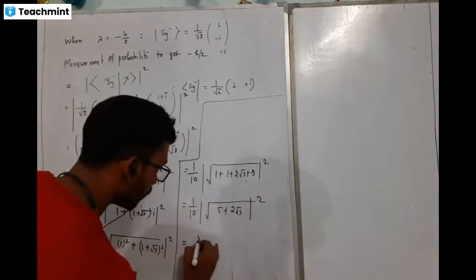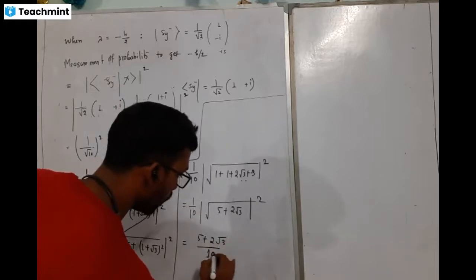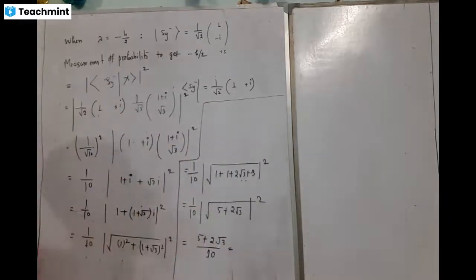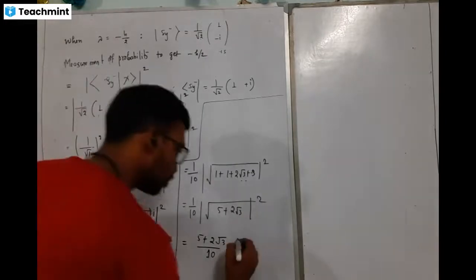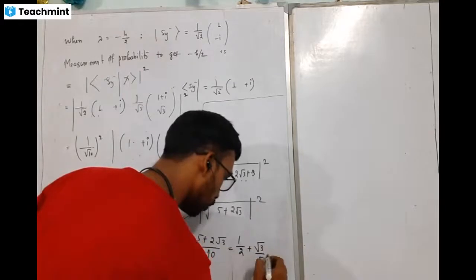So it is equal to 5 plus 2 root 3 upon 10, which is half plus root 3 upon 5.